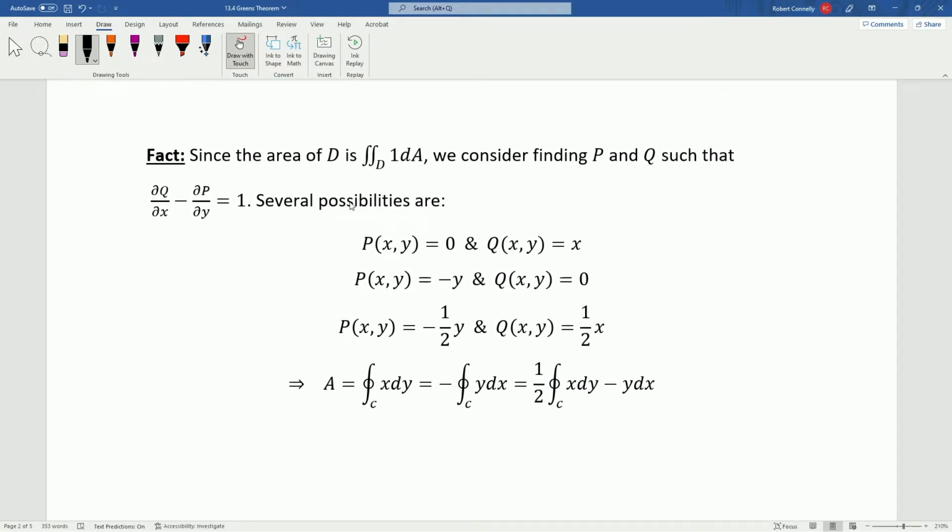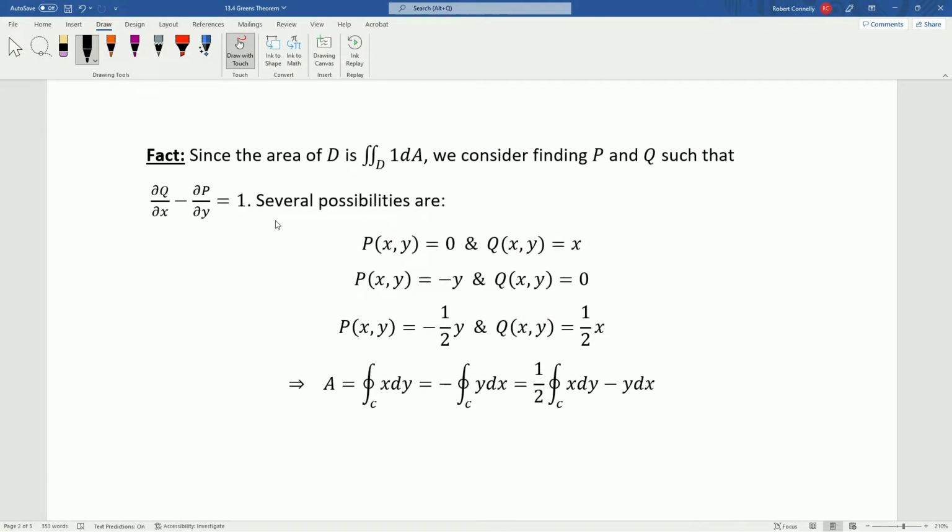Okay, so let's consider an interesting fact. Since the area of D is the double integral over D of 1 dA, we can consider the problem of finding P and Q such that dQ/dx minus dP/dy equals 1.